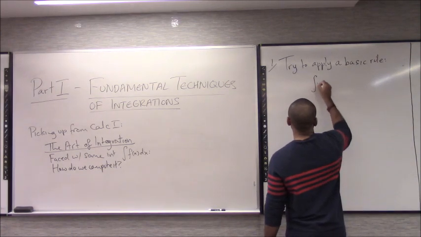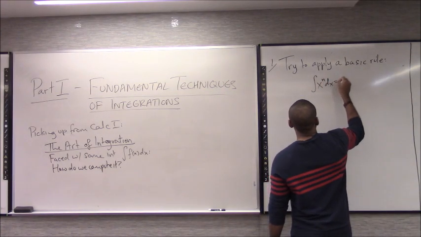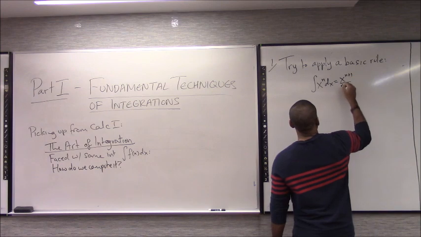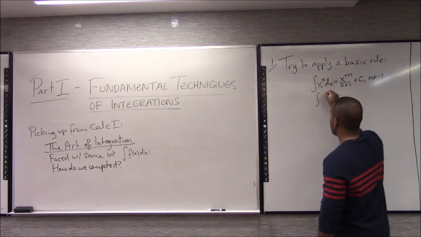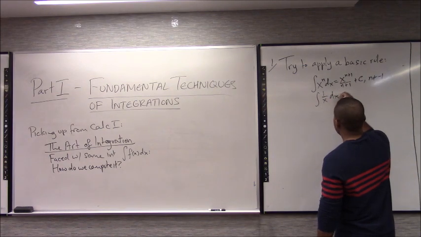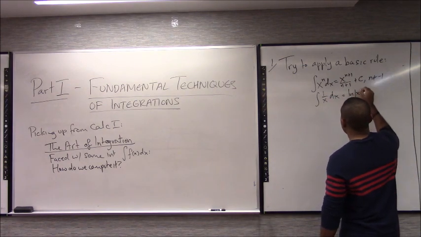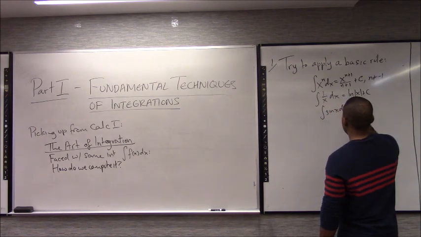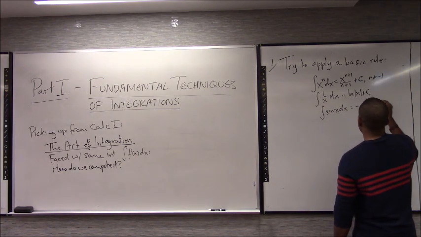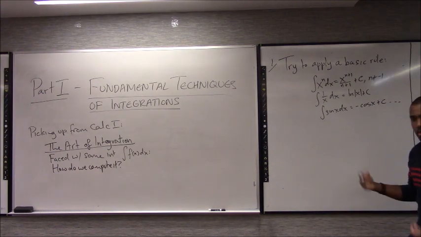So that's like the integral of x to the n is x to the n plus 1 over n plus 1 plus c, when n is not equal to minus 1. The integral of 1 over x is ln x plus c. The integral of sine of x is minus cosine of x plus c, etc. So you have a bunch of rules like this.